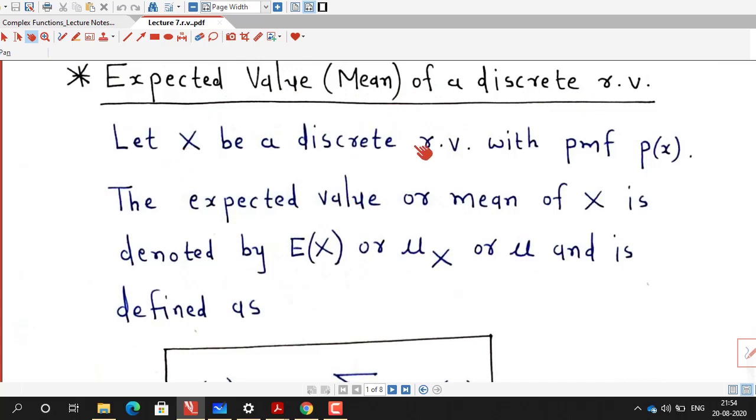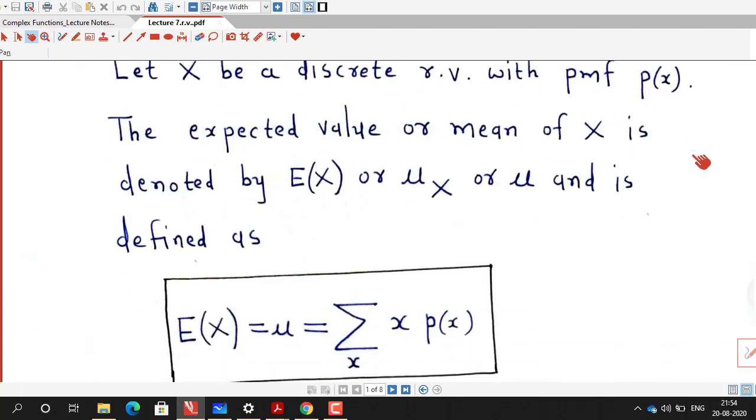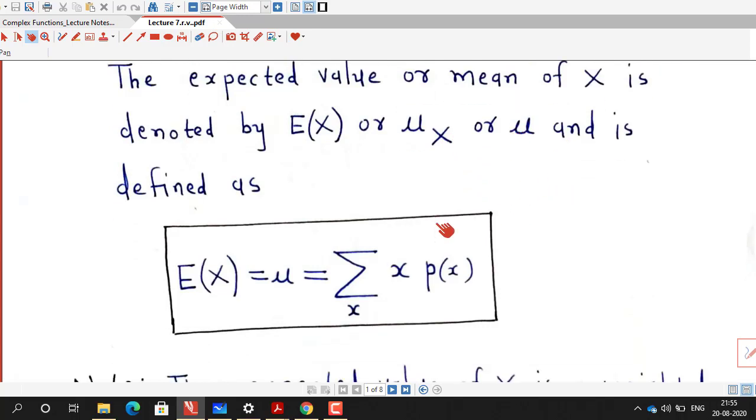Suppose X is a discrete random variable with probability mass function small p of x. Then the expected value or mean of capital X is denoted by E of capital X, or another notation is mu suffix capital X, or simply we can denote it by small mu also, and is defined as mu equal to sigma x into value of PMF at point x.